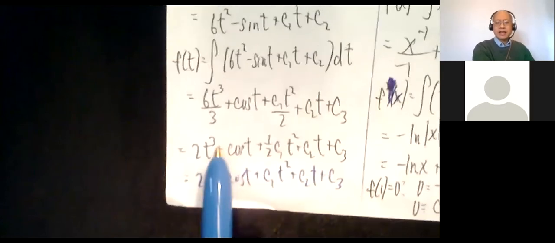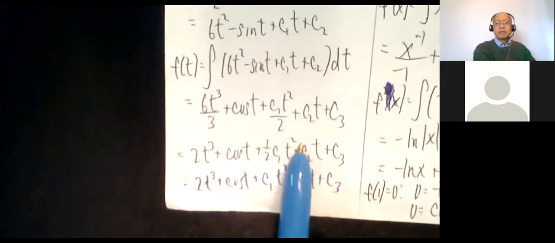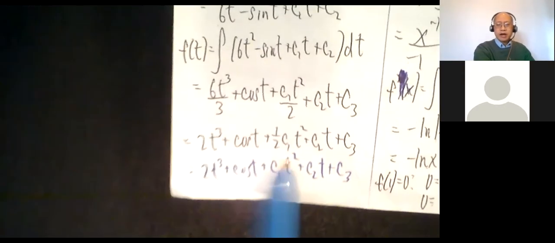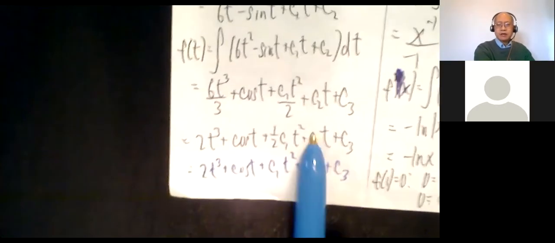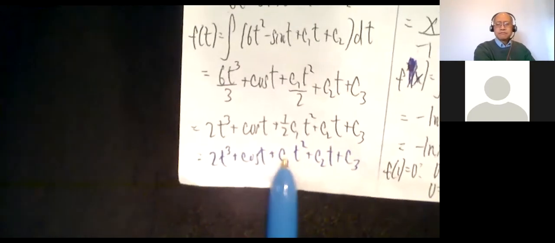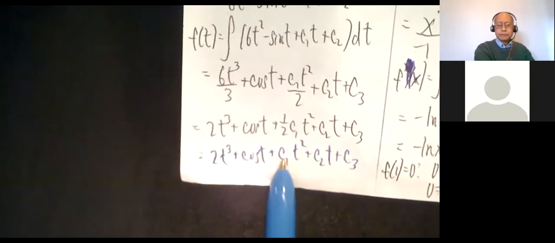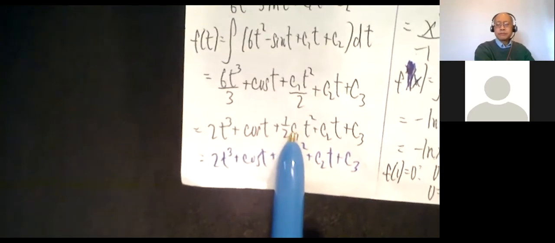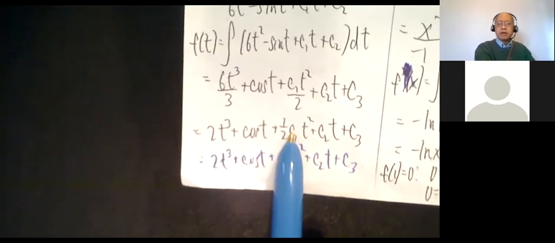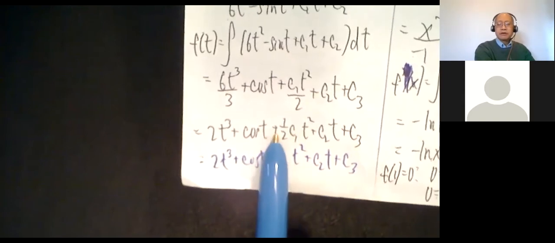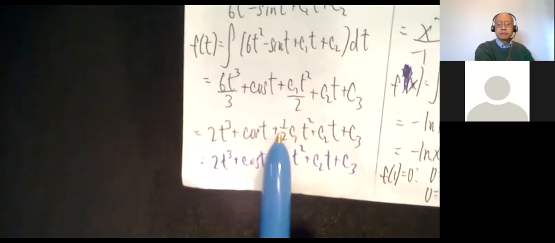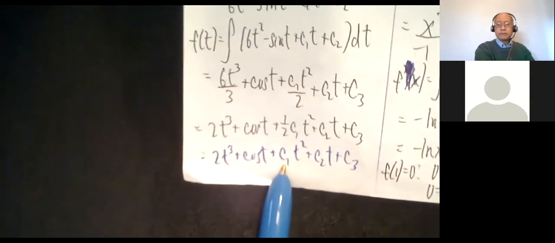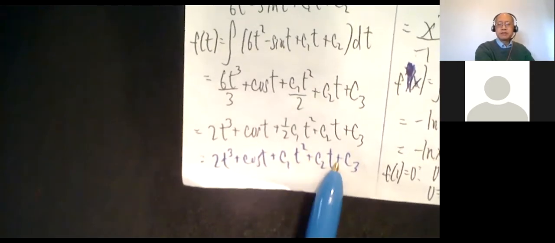Now here's a technicality. That's sort of correct, but the cleanest way to do it is to write it like this. And what did I do? I left that alone, left that alone, left that alone, left that alone. How did I go from here to here? Basically, c1 can be any real number. If I take any real number times 1/2, I still run through all the real numbers, which means I'm allowed to just leave it as c1. c1t squared plus c2t plus c3.